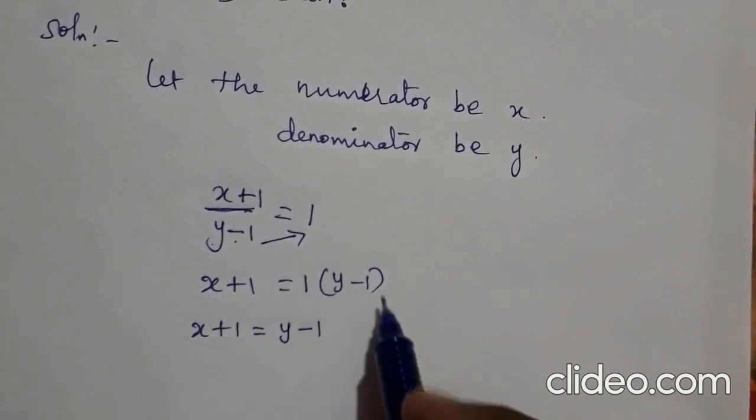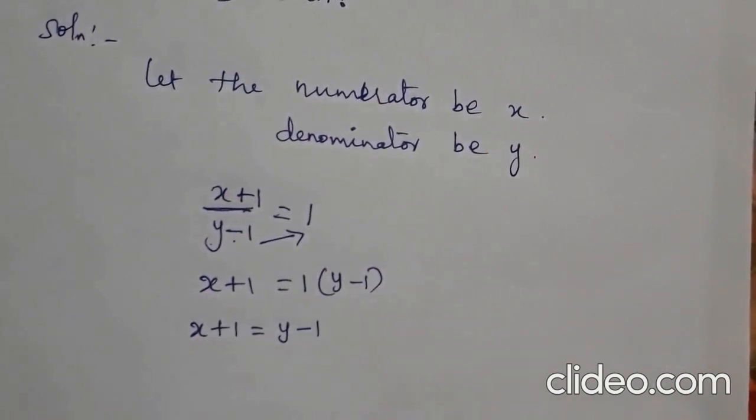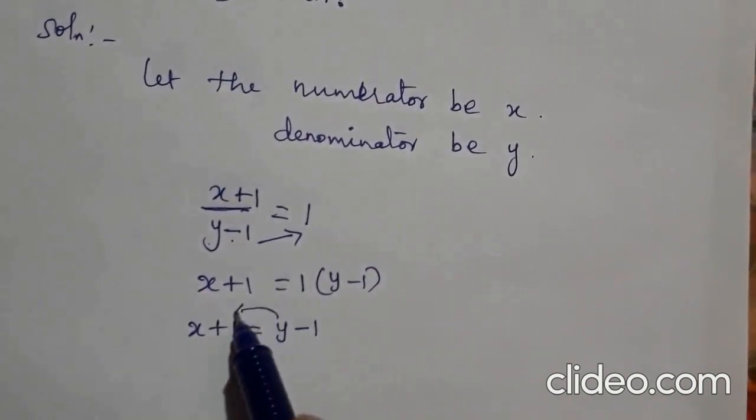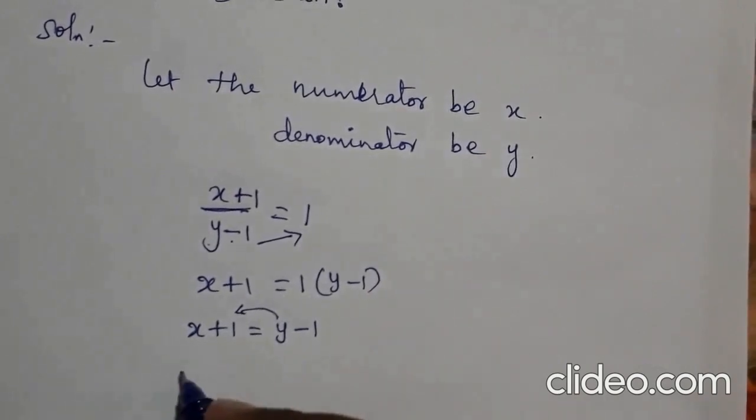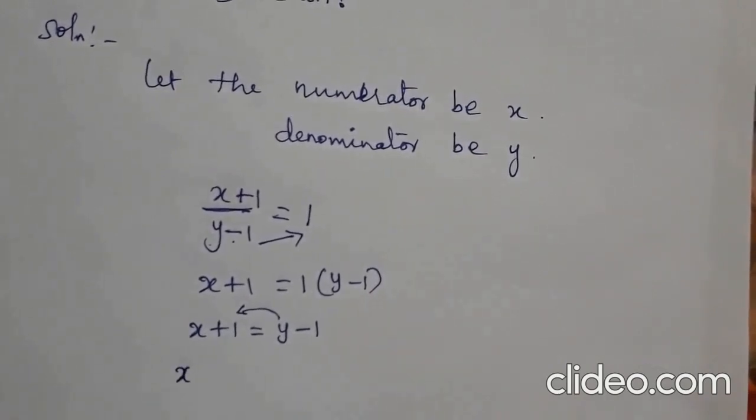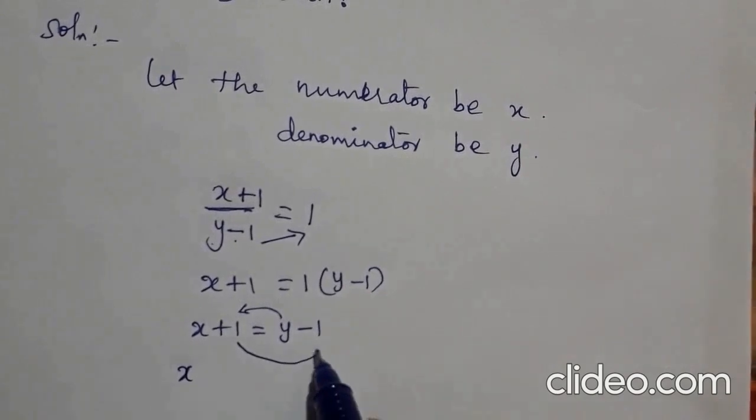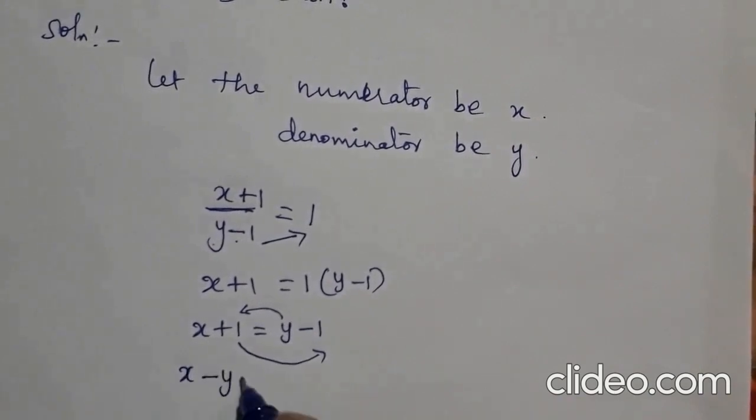Now I am taking the variables to the left hand side. So x, and plus y, it will come to this side as minus y, is equal to, already minus 1 is there, and I am taking this plus 1 to the right hand side. So what you will get? Minus 1.